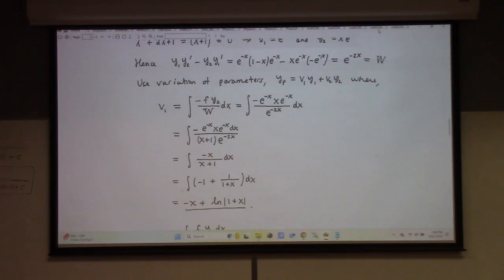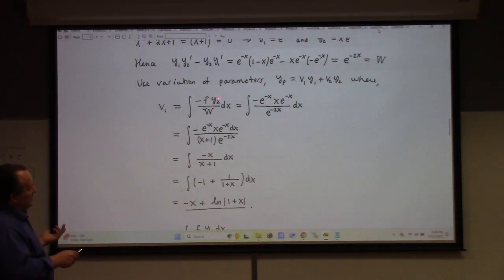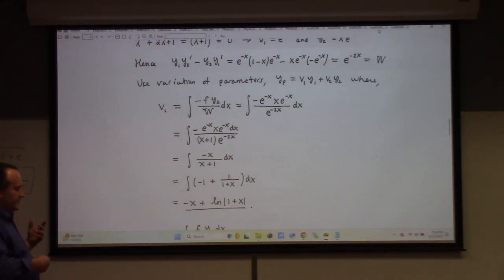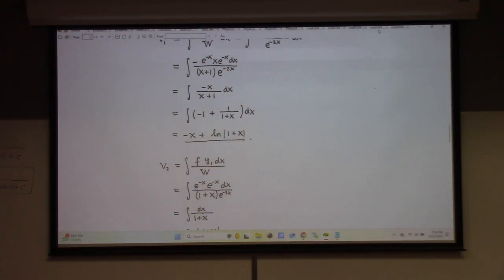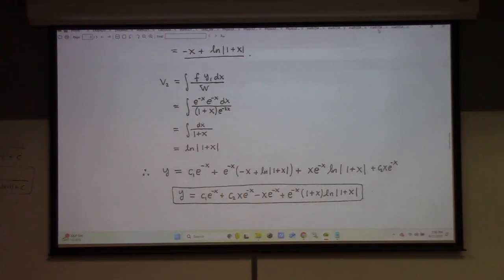Variation of parameters says we take the inhomogeneous term times the second solution in our fundamental solution set, and we divide by the Wronskian of the fundamental solution set. And however that works out, that's the first parameter. The variation parameters v1 and v2 are the parameters in the system. There's v2, and then you put it together.